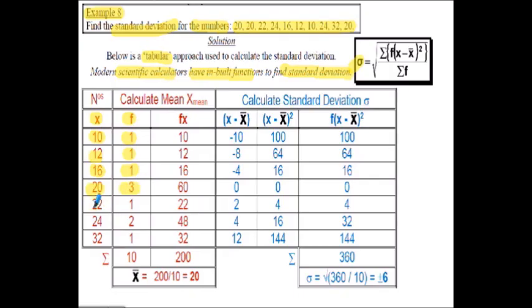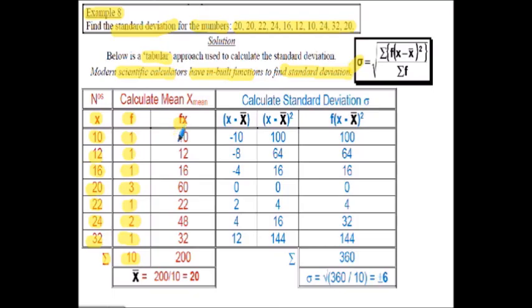The value of 22 occurs once, 24 occurs twice, and 32 occurs once. If I summate the frequencies here, I get a value of 10. There are 10 numbers in the series, that's correct. And if I do my product of f times x, the frequency times the x value, I can fill in this column.